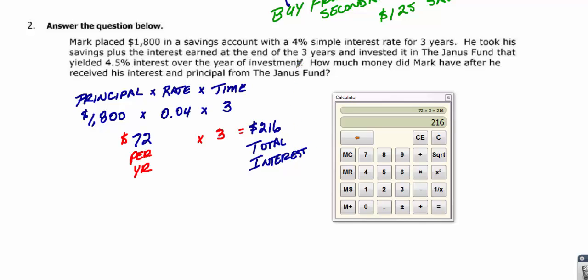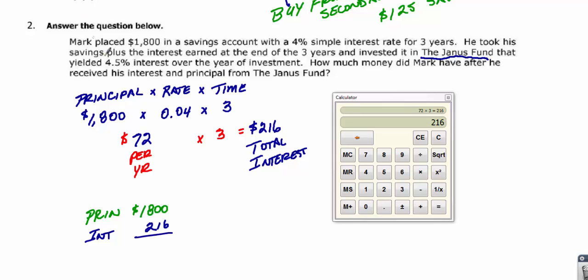Now, at the end of 3 years, he's going to take this and put it over in something called the Janus Fund. When he gets his money back, we want to make sure we're clear. He gets back both the principal, that was the 1,800, and the interest so far. That was the 216.